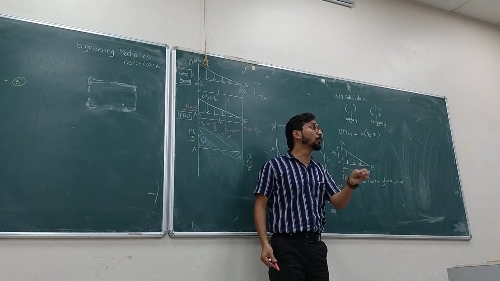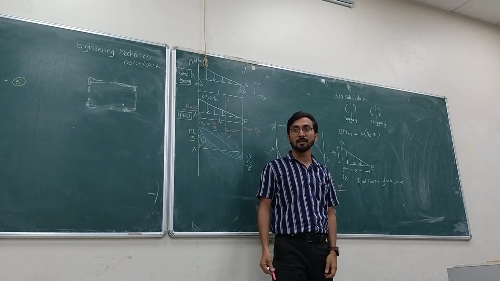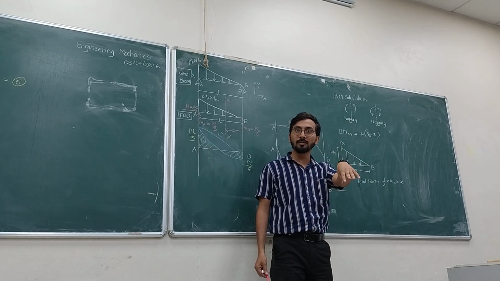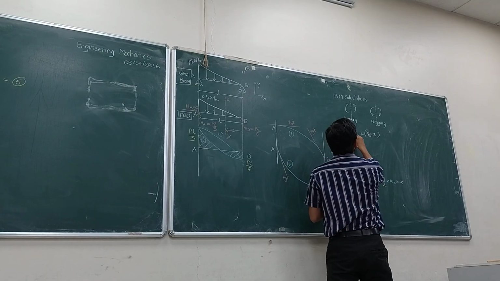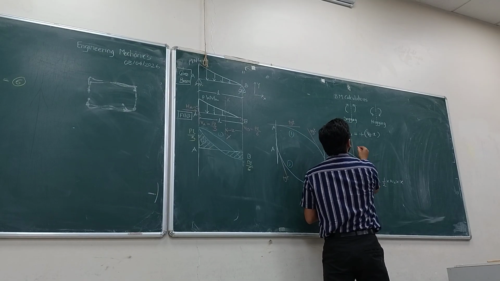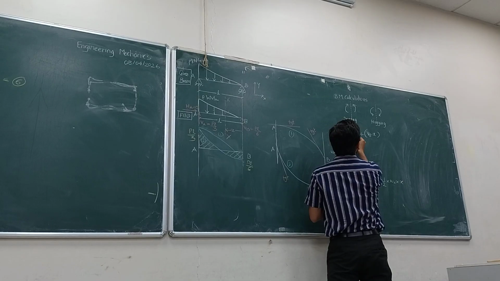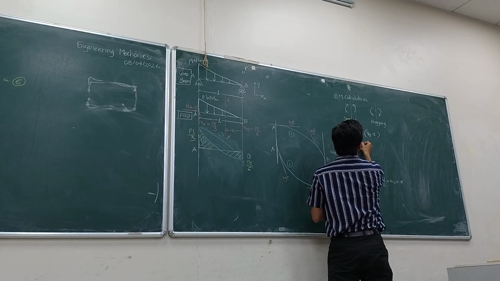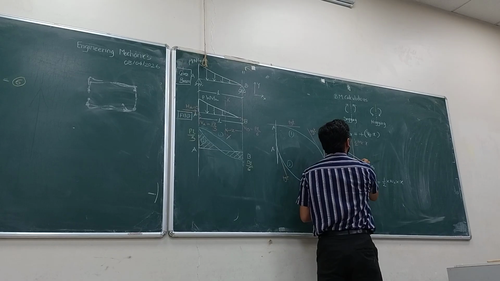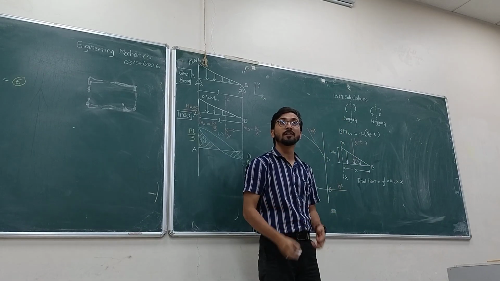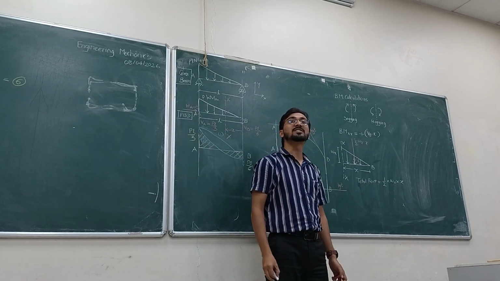Where do we consider it to be acting when we take the moment? CG or centroid? We assume that it is acting at 1 by 3 of x. Half WX into X. Where it is acting? At CG. What is the distance of CG from XX?